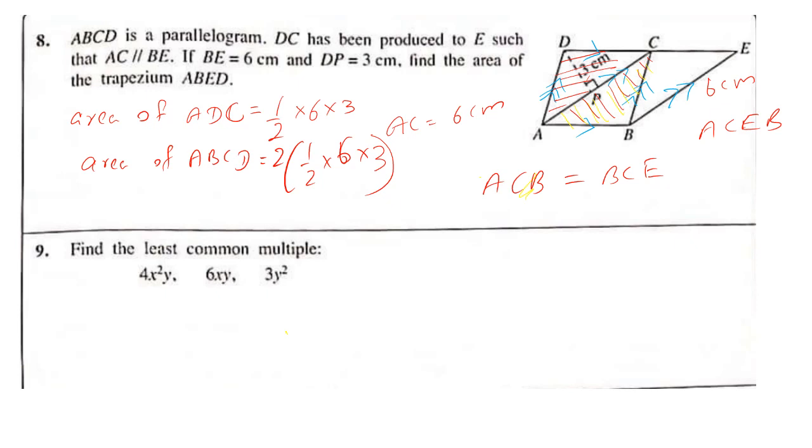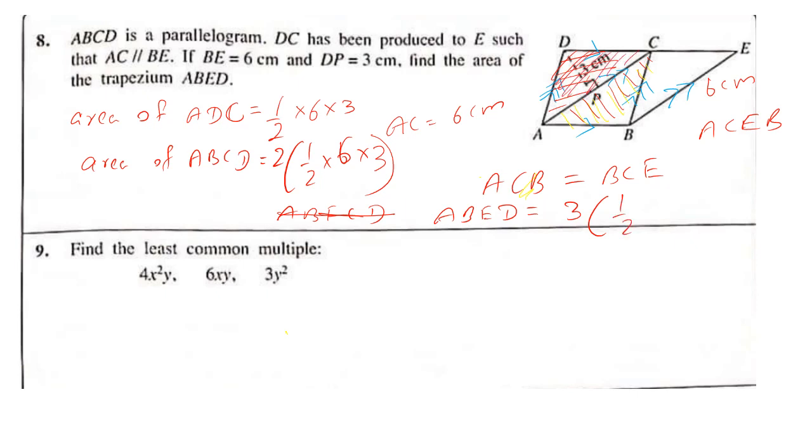So the area of ABED is equal to 3 times this triangle, right?